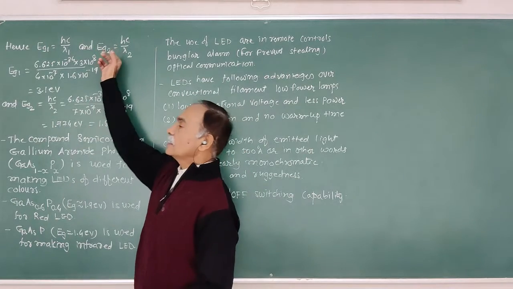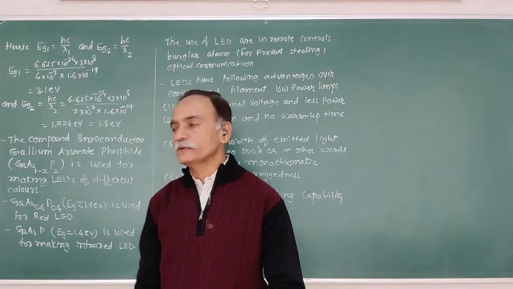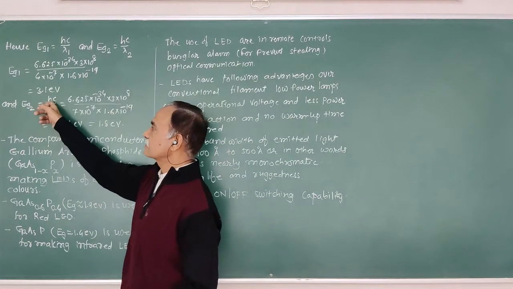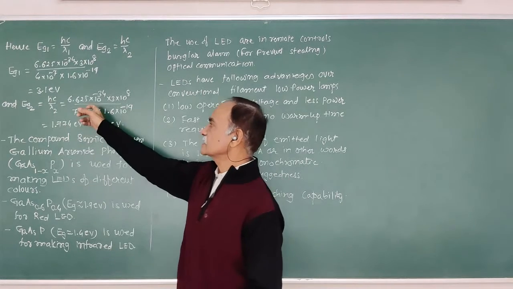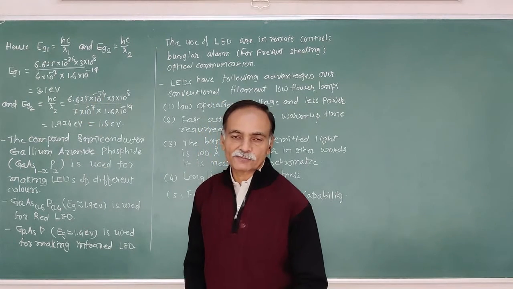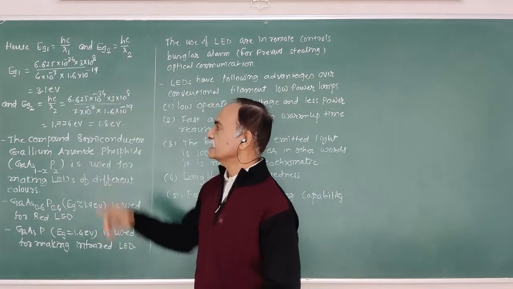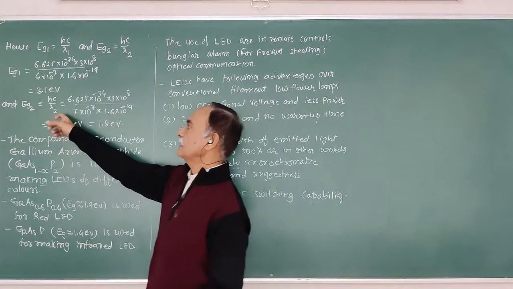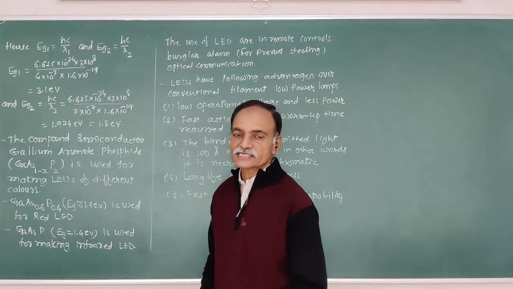Now the energy gap corresponding to the wavelength 0.7 micrometer is Eg2 is equal to hc upon lambda 2. h is Planck's constant 6.625 into 10 to the power minus 34, c, velocity of light in vacuum 3 into 10 to the power 8, upon lambda 2, 0.7 micrometer, that means 7 into 10 to the power minus 7 meter.